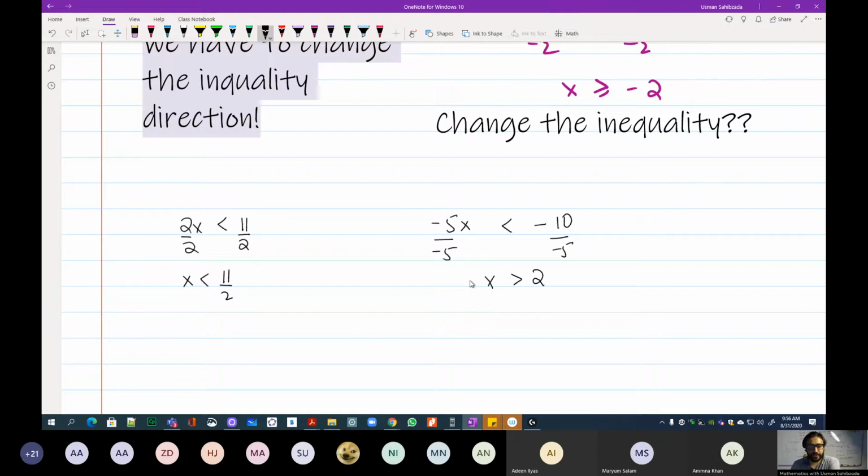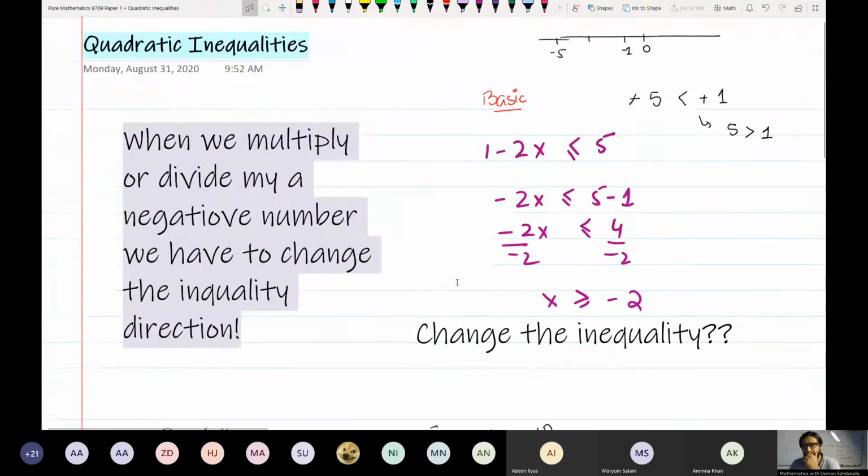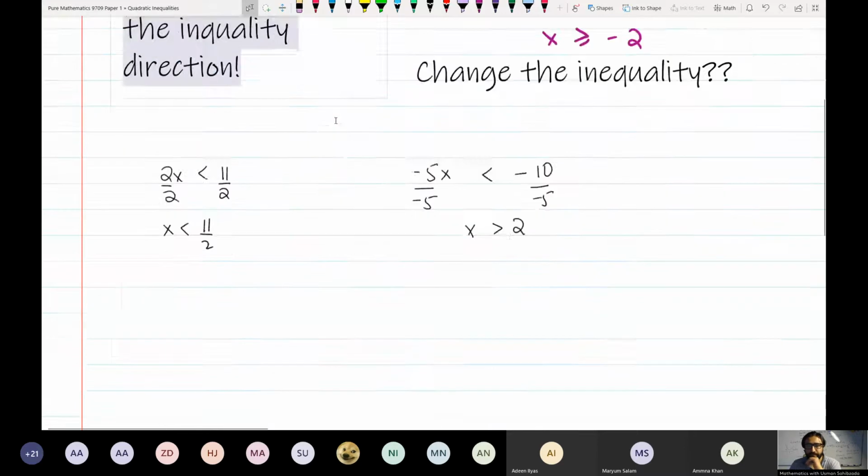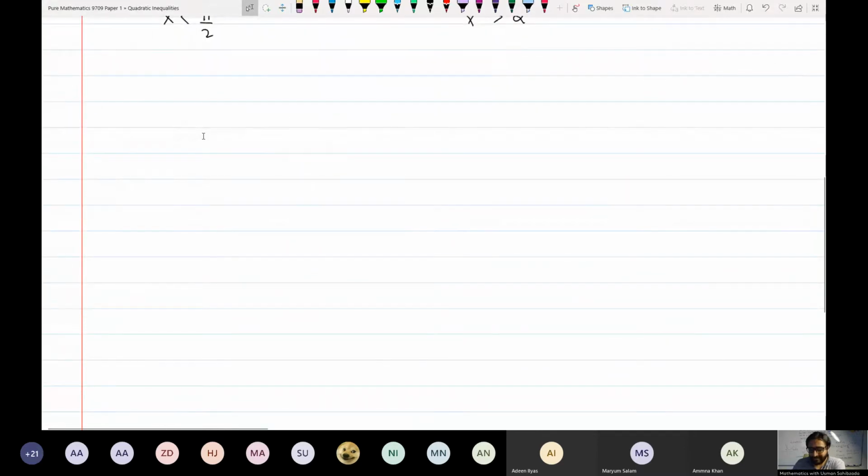Then x is greater than 2. Plain and simple. You got this? Because now we're going to move towards the quadratic inequalities. All right, so quadratic inequalities, starting with an inequality as simple as x squared less than 4.